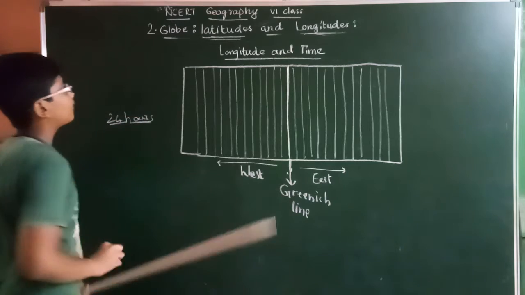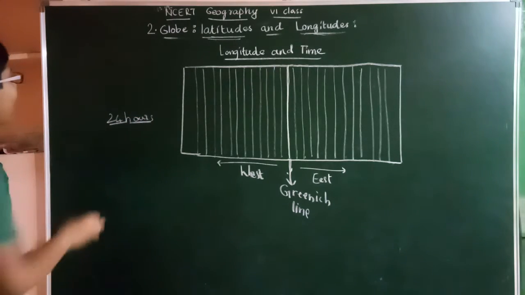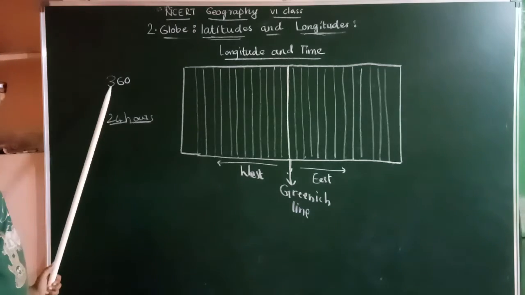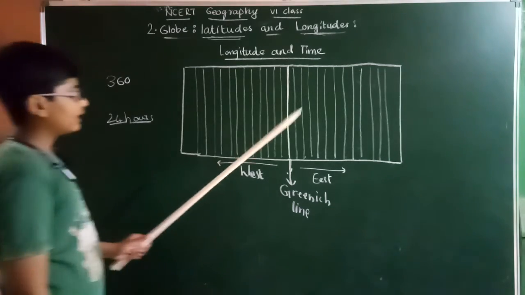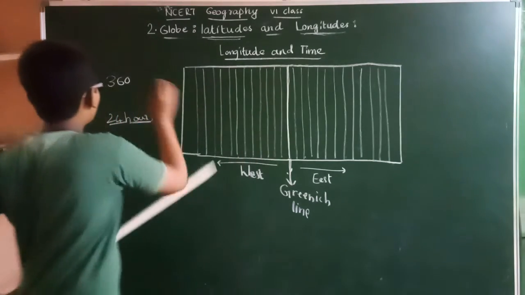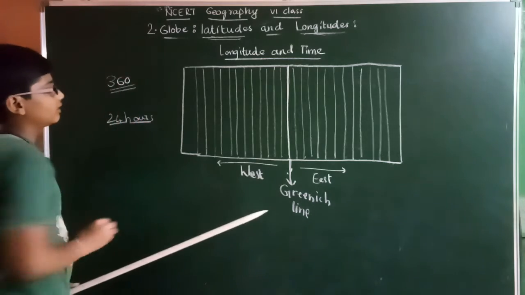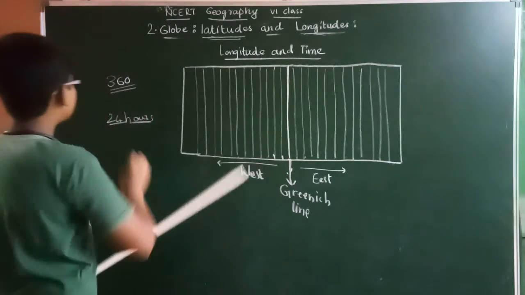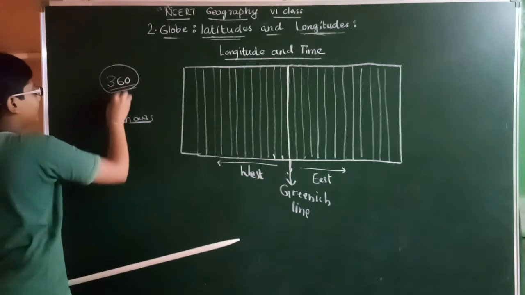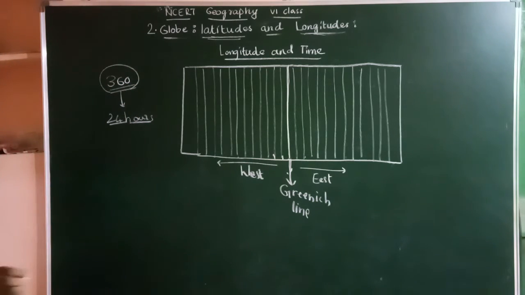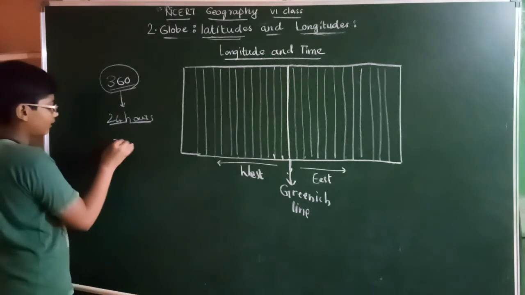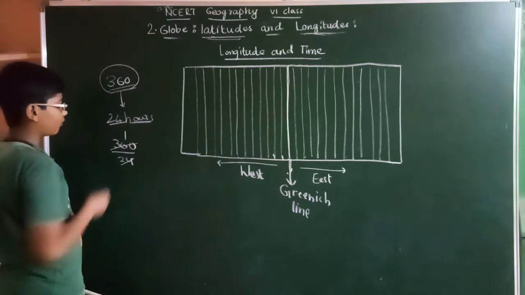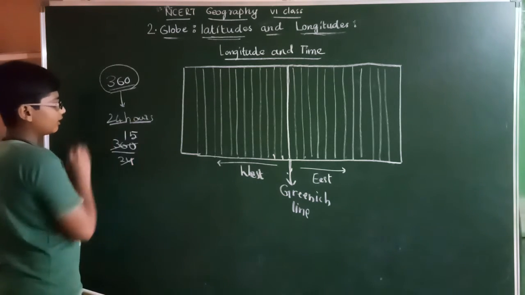Now we have discussed that there are 360 longitudes. The Greenwich line will not be included in these 360 lines. These 360 lines will represent the 24 hours. If you see 360 by 24, you get 15.